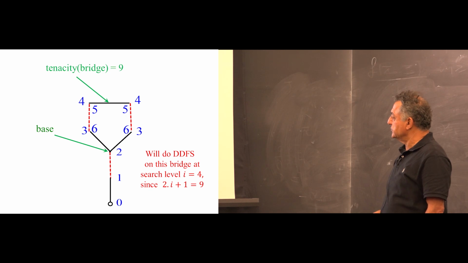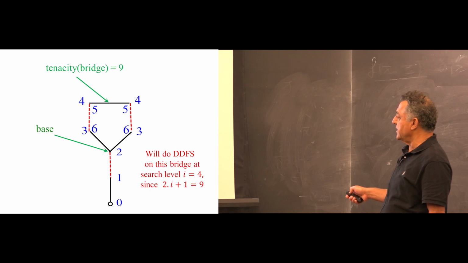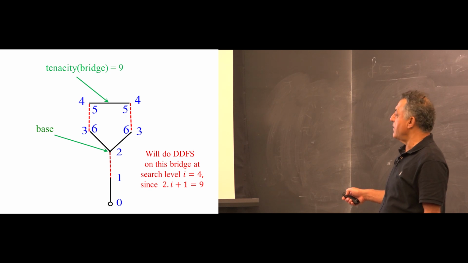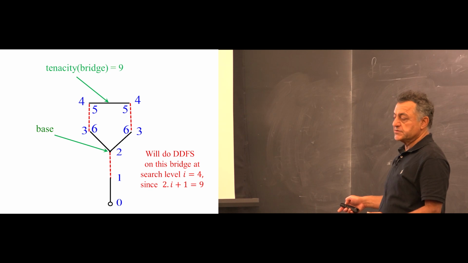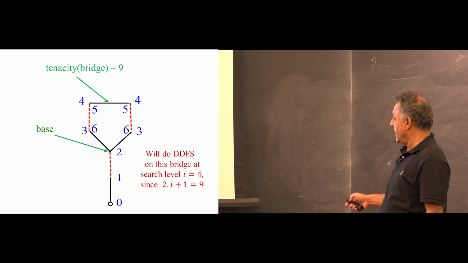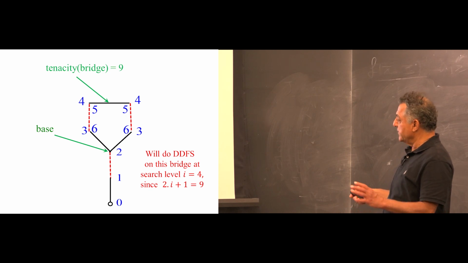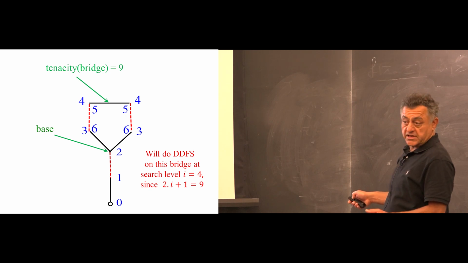Okay? So, again, our favorite picture. At search level 3, we find this edge and label it 4. At search level 4, we found this edge and we put it into the bucket of bridges of tenacity 9. And then once we are done with min, we are in search level 4.